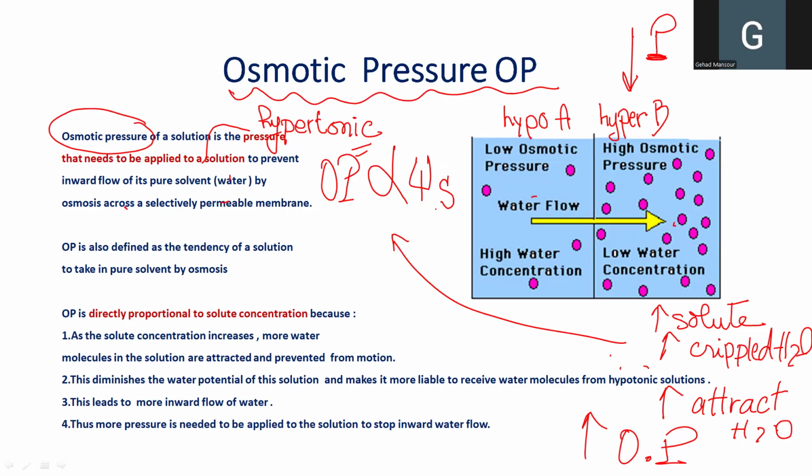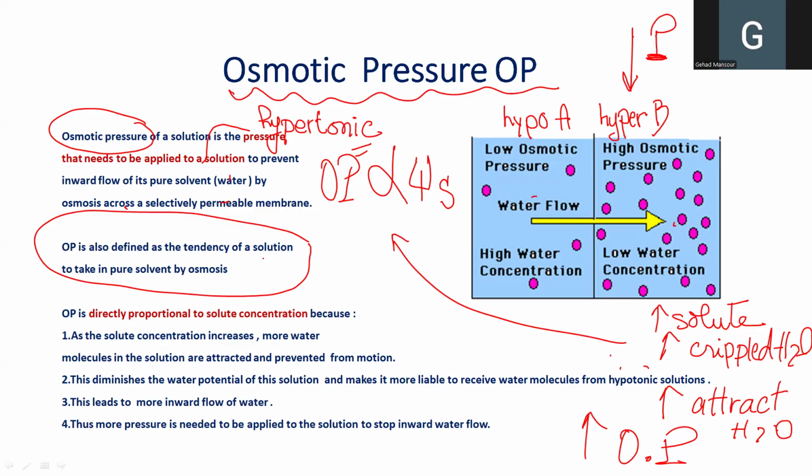Osmotic pressure has also a more or less direct definition, which is the tendency of a solution to take in pure solvent by osmosis. It seems less evident, but it's used more when you study physiology because it's a shorter definition and it's easier to remember.